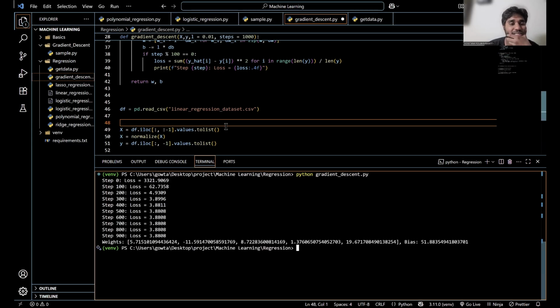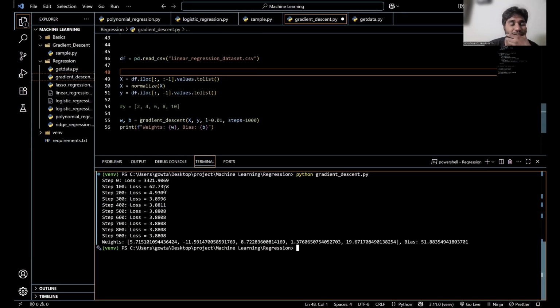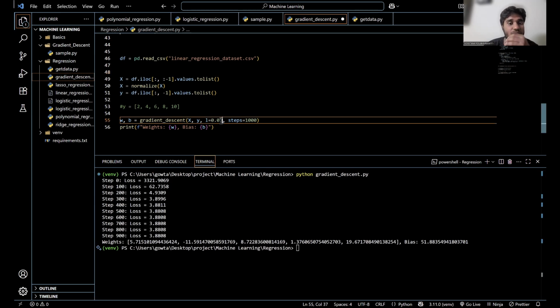As you can see, since we're using a high learning rate, the function is taking huge steps towards minimization and getting stuck at a point here. This is called a plateau. Now let's try with a lower learning rate.